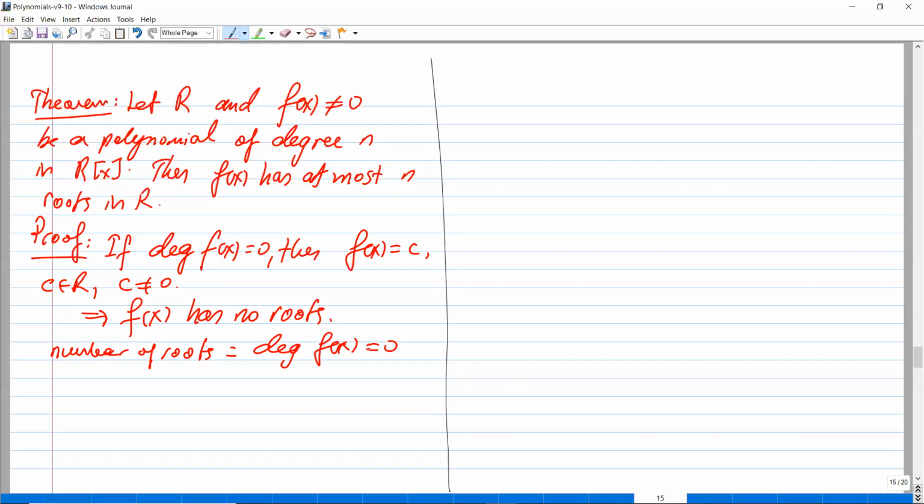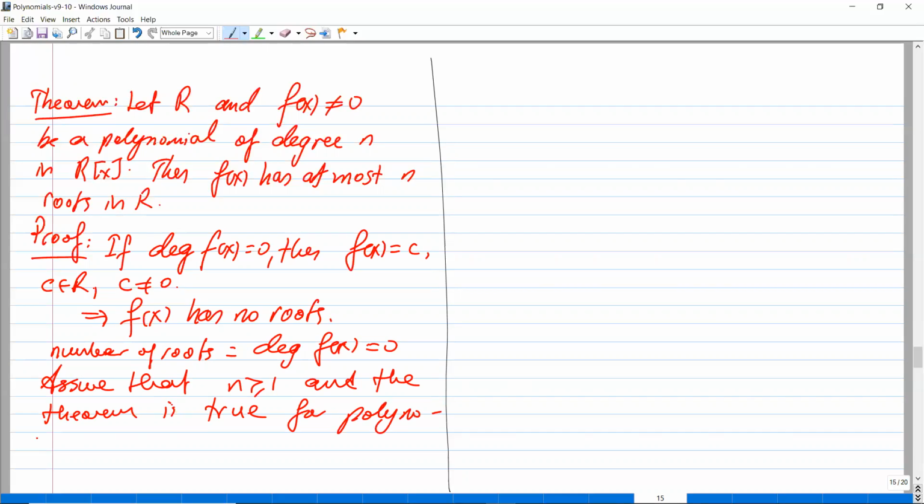Okay. Now assume that n is greater than or equal to 1, and the theorem is true for polynomials of degree n minus 1.